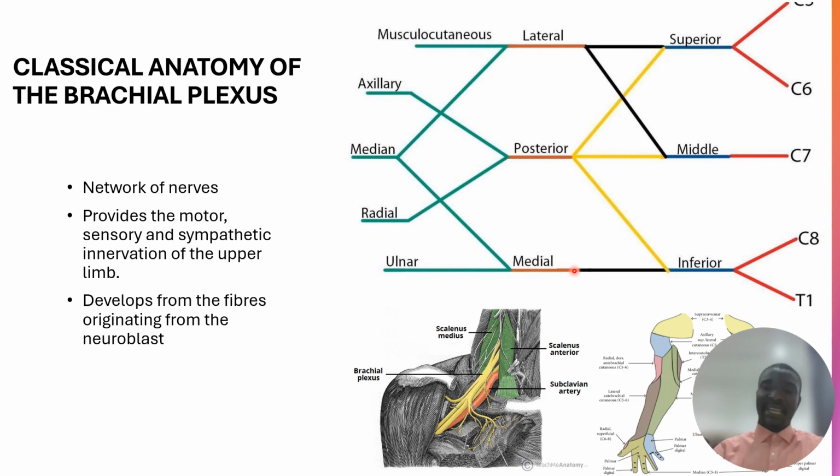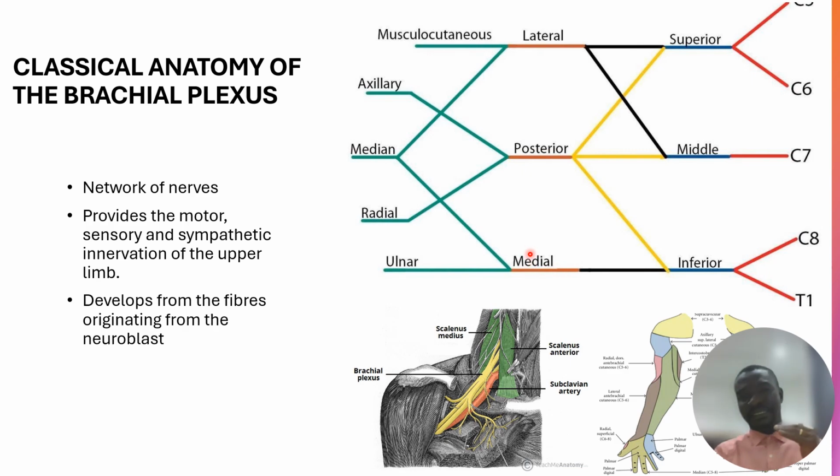From the root of the neck, you're going to proceed into the posterior triangle of the neck, and then get behind the clavicle at the cervicoaxillary canal, where you find the divisions. Then you're going to find the cords well situated within the axilla, wrapped around the axillary artery. These cords go on to form the 5 terminal branches.